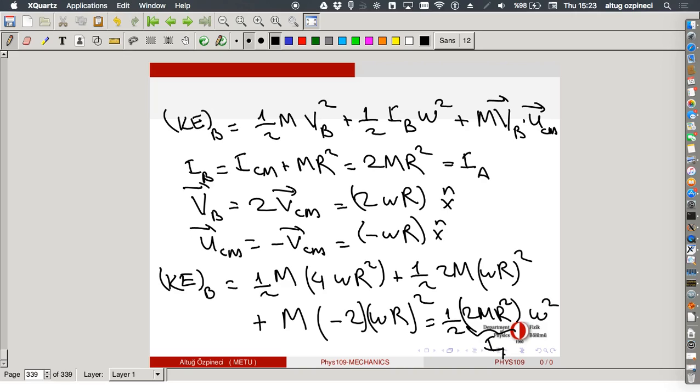This is I_A. So whatever axis you choose, the total kinetic energy of the system is always the same. So if you choose a different axis, not B but some other axis, still this will hold. This expression for the kinetic energy is always the same, and it is independent of which axis you choose.